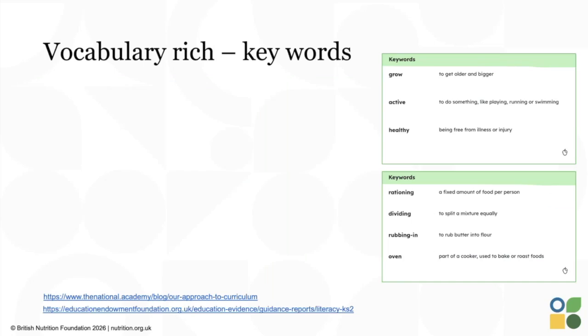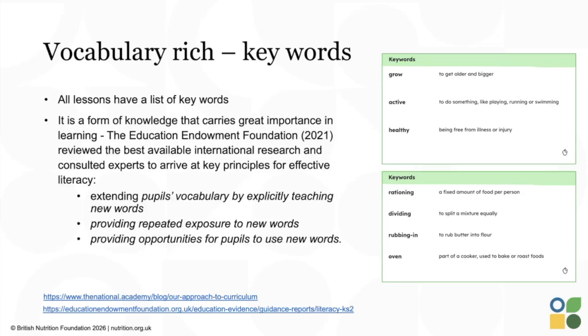And we really wanted to focus on those key words, that vocabulary rich approach as well. We've just got a couple of slides on here, but all the lessons have lists of key words. And this is all from the Education Endowment Foundation, that research, that evidence base that Sam referenced at the very beginning. And I've put the links on here, and when you get this presentation, you can click through those links and get that evidence yourself to have a look through.